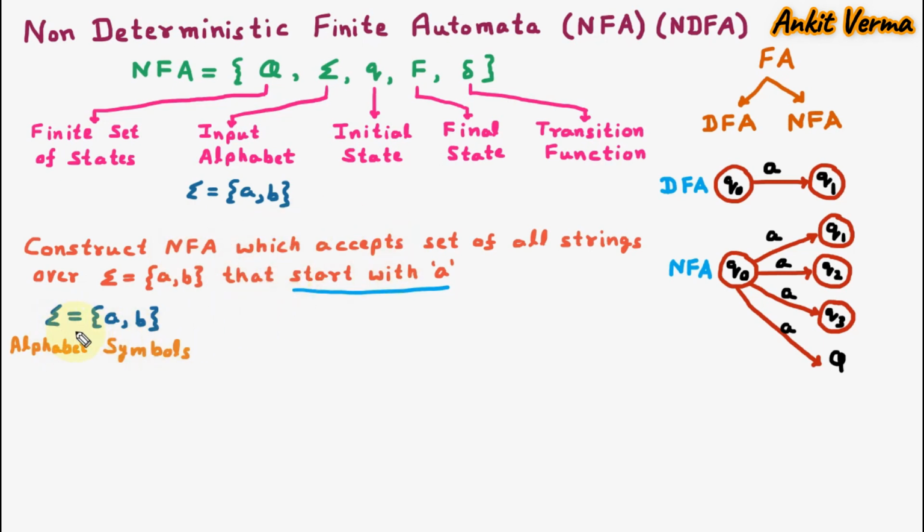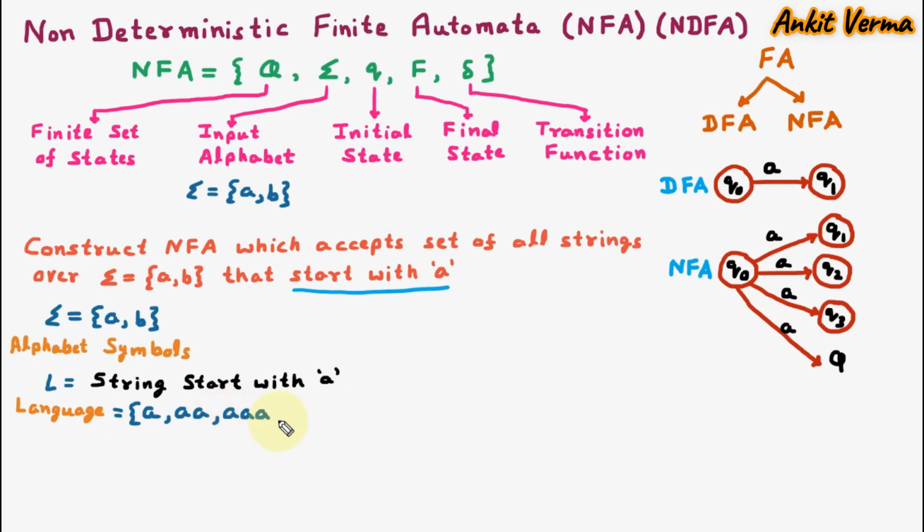Now from this alphabet we are going to generate the language. So here I am taking L. This L signifies the language, and the language is strings which start with A. There are various strings possible, so that will be equal to the set: the single A, it starts with A, or double A, it also starts with A, 3 times A, 4 times A, 5 times A, A B, A B A, and so on.